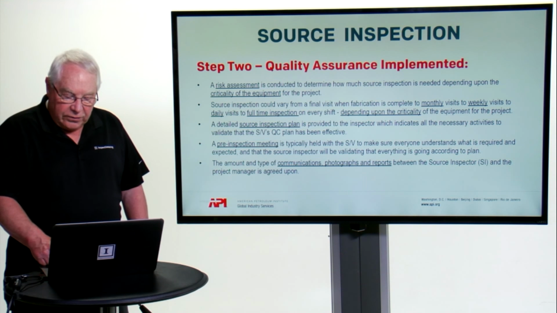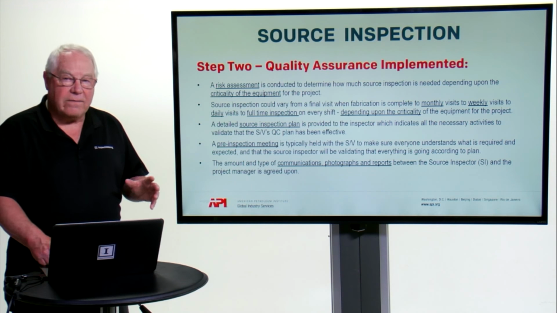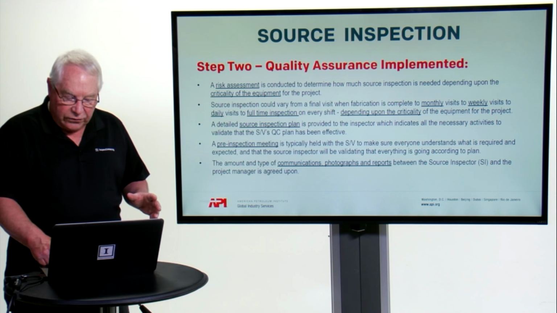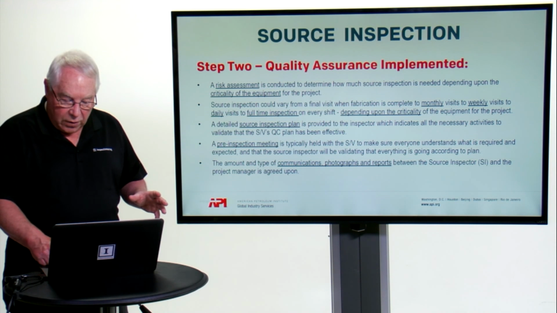Additionally, a pre-inspection meeting is usually held with the supplier vendor to make sure everyone understands exactly what is required and expected, and the source inspector will be validating those things, and the supplier vendor knows that he or she will be in the shop looking over their shoulder to make sure things are going right.